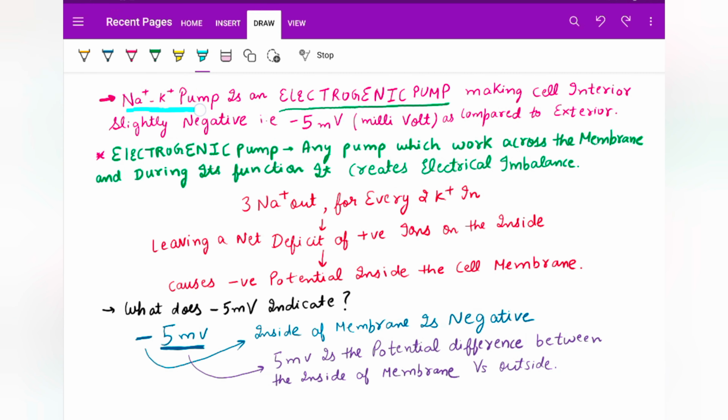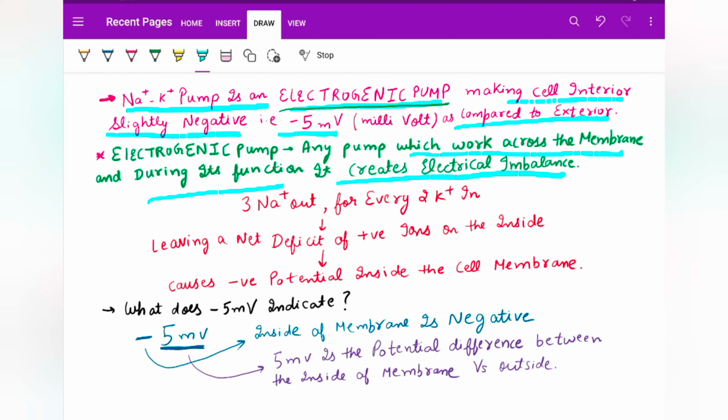Next, the sodium potassium pump is an electrogenic pump, which makes the cell interior slightly negative by minus 5 millivolt as compared to the exterior. Now what does an electrogenic pump mean? Any pump which is working across the membrane, and during its function is creating an electrical imbalance, is called an electrogenic pump. Now what imbalance is the sodium potassium pump creating?